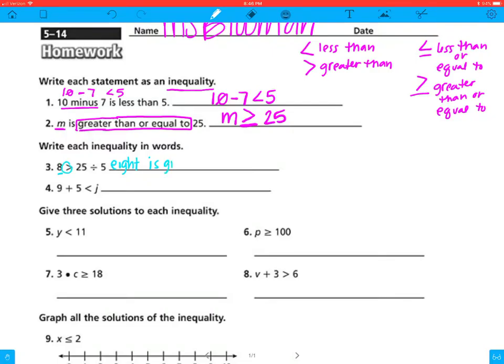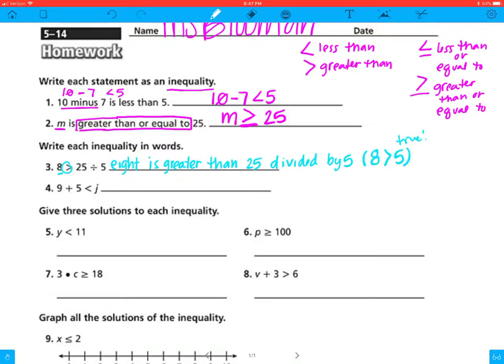So 8 is greater than 25 divided by 5. I could actually check my answer by saying, what's 25 divided by 5? Okay, well that's 5, and 8 is actually greater than 5. If you didn't know that, I'm glad I got to tell you 8 is greater than 5. And if you did, I'm high-fiving you right now.